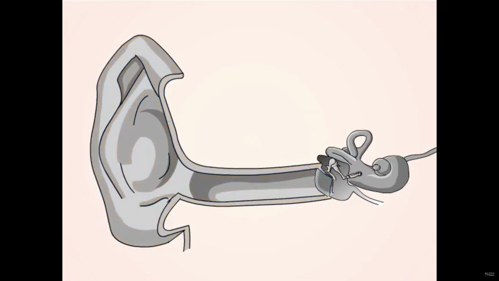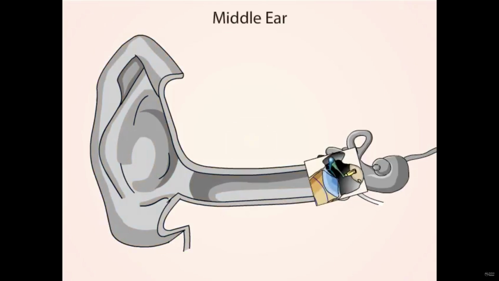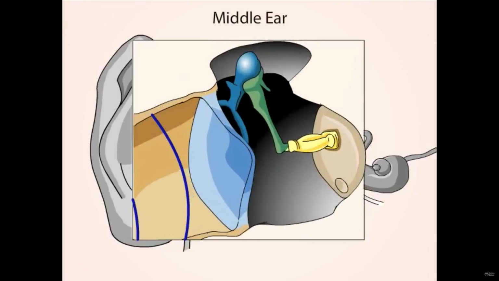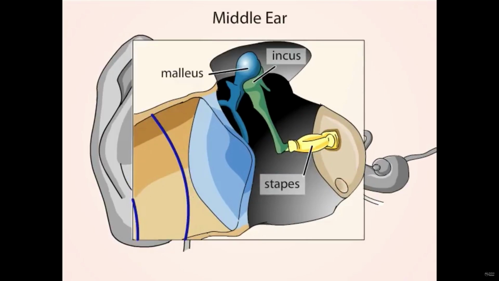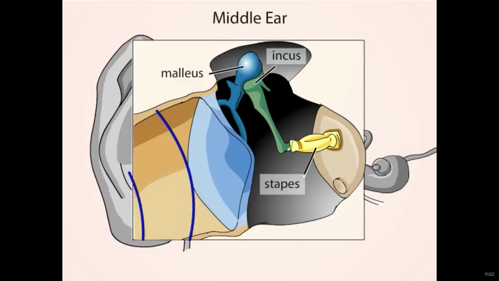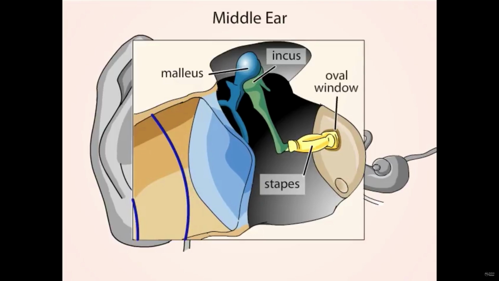From the ear canal, the sound waves vibrate the eardrum, which in turn vibrates 3 tiny bones in the middle ear: the malleus, incus, and stapes. The stapes vibrates a small membrane at the base of the cochlea, the oval window, which transmits amplified vibrational energy to the fluids of the cochlea.